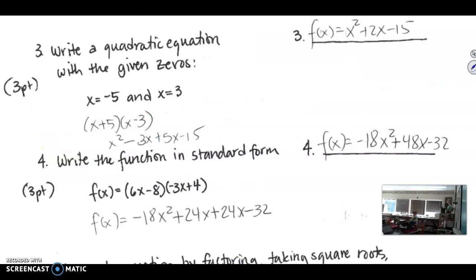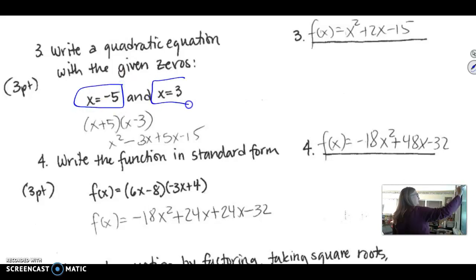Okay, so the next one, writing a quadratic equation with these given zeros. If your zeros are x equals negative 5 and x equals 3, this is not hard to do if you remember what to do, and it says in your notes right here.